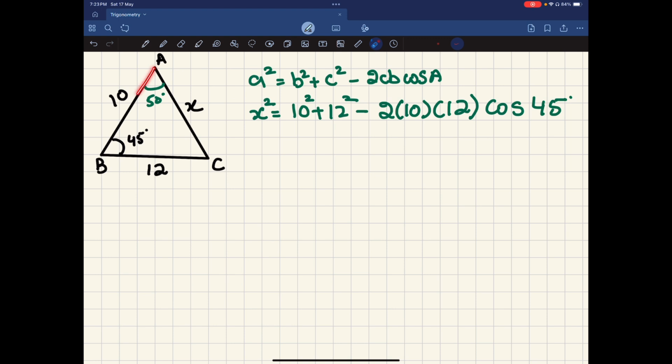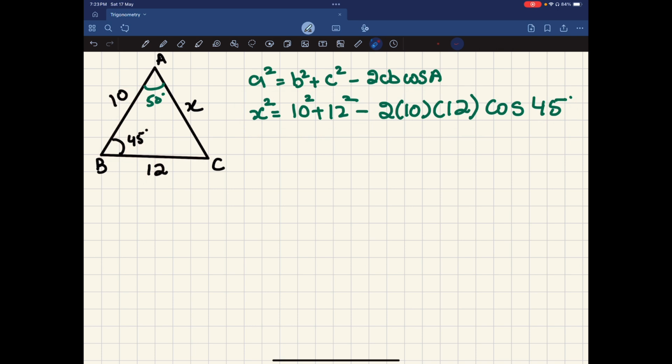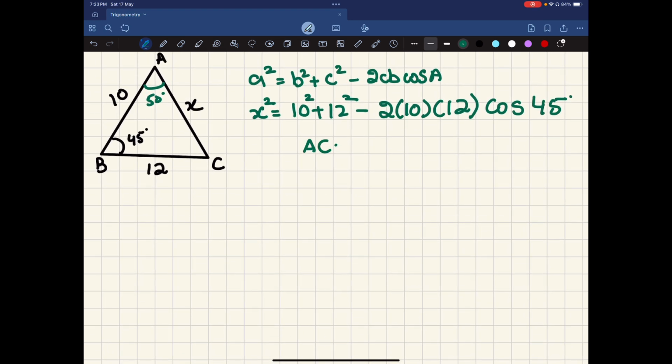Why? Because we are going to use the included angle, the one which has two known neighboring sides, if you're going to apply this cosine rule. And once you solve this, you get x, or AC, which is equal to 8.62 centimeters.